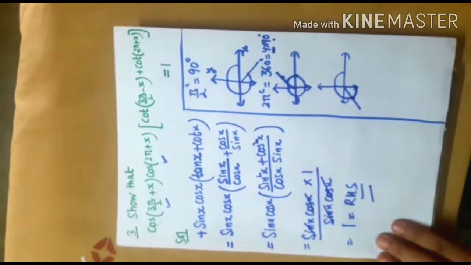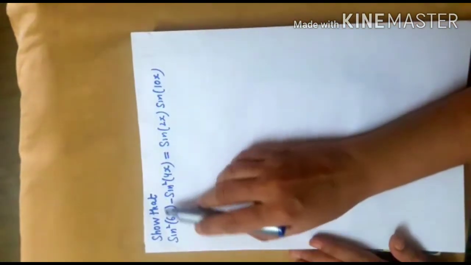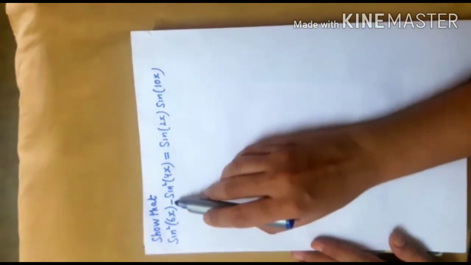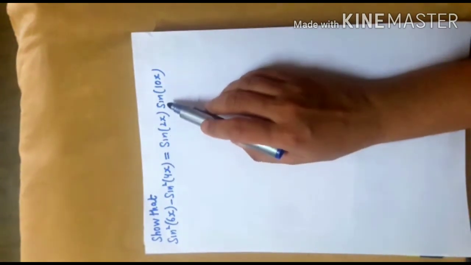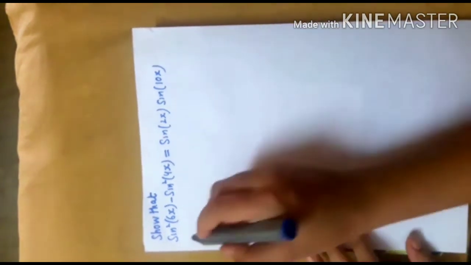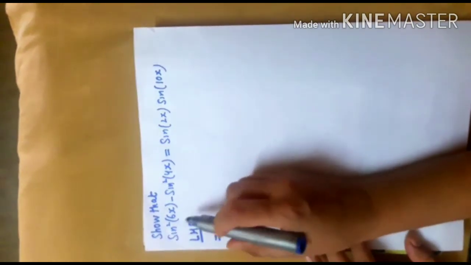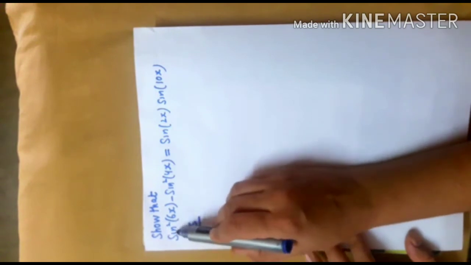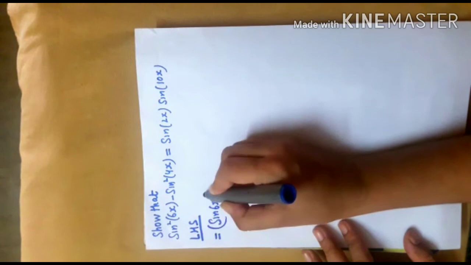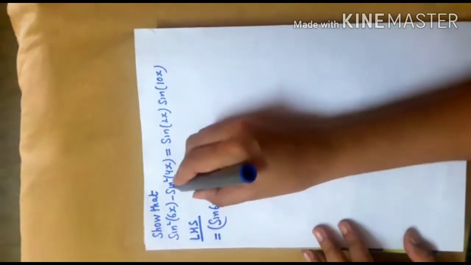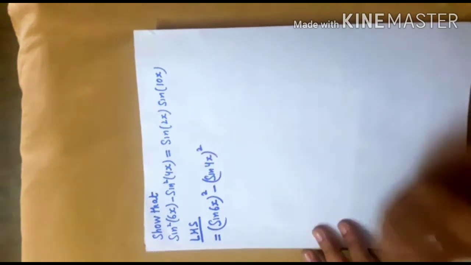Let's take another question. Show that sin square 6x minus sin square 4x is equal to sin 2x into sin 10x. Yes, let's take the left hand side. Left hand side is equal to sin square 6x, which can be written as sin 6x whole square, and sin square 4x is sin 4x whole square.